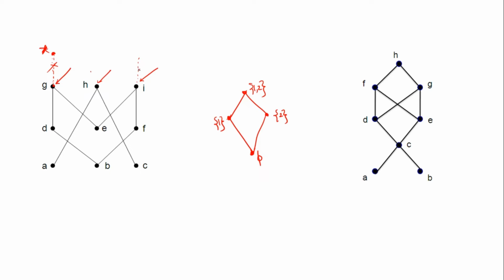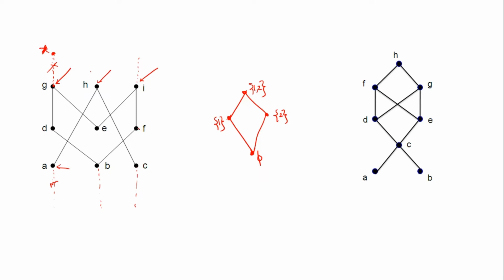In the opposite way, if your vertex is not receiving any edge coming from the bottom part, that element will be a minimal element. Now this vertex has no incoming edge. Again this vertex has no incoming edge. Again this vertex has no incoming edge. So these are my minimal elements.